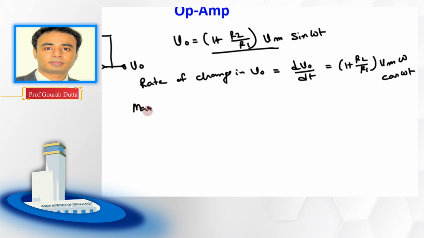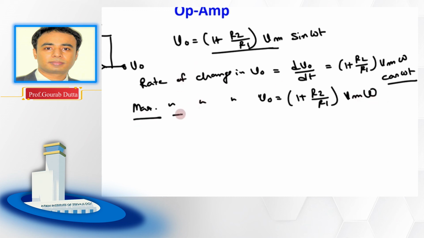Then what is the maximum rate of change in this V output? Maximum rate will become when this cos value becomes equal to 1, right? So the maximum value of rate of change is this, right? Maximum rate of change in this output voltage.